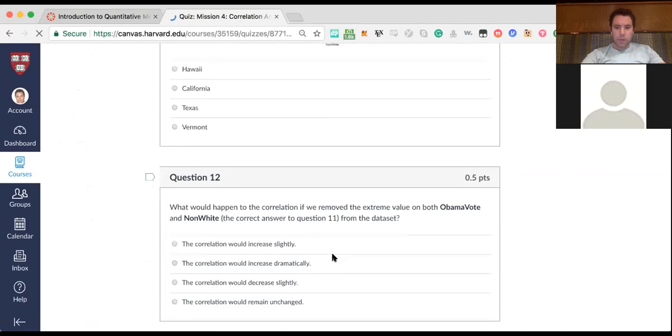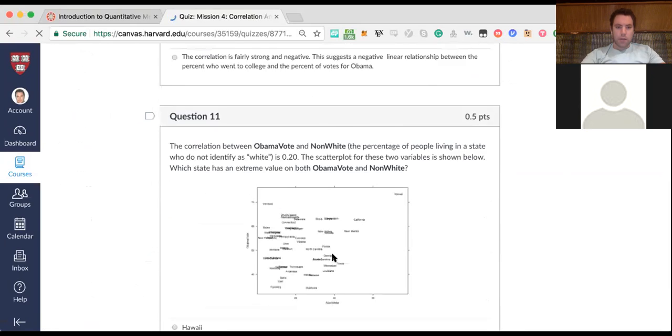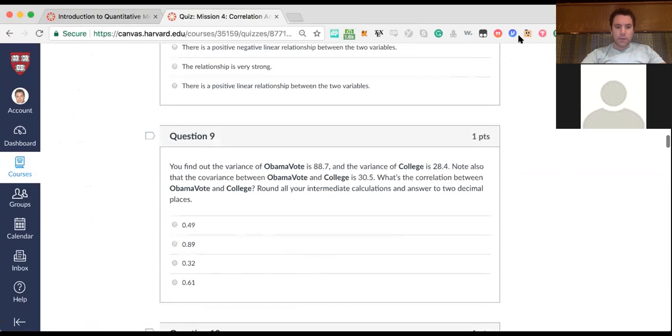Okay, so question number 9. This question says, you find out the variance of Obama vote is 88.7 and the variance of college is 28.4. Note also that the covariance between Obama vote and college is 30.5. What is the correlation between Obama vote and college?